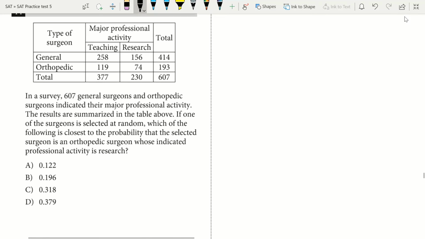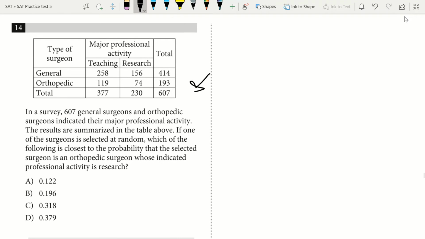Now I move on to question 14. I'm given a table here. In a survey, 607 general surgeons and orthopedic surgeons indicated their major professional activity. The results are summarized in the table above. If one of the surgeons is selected at random, which of the following is closest to the probability that the selected surgeon is an orthopedic surgeon whose indicated professional activity is research? Orthopedic surgeon and research, we have 74.